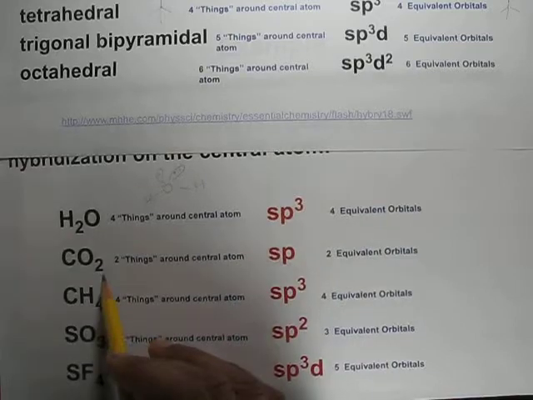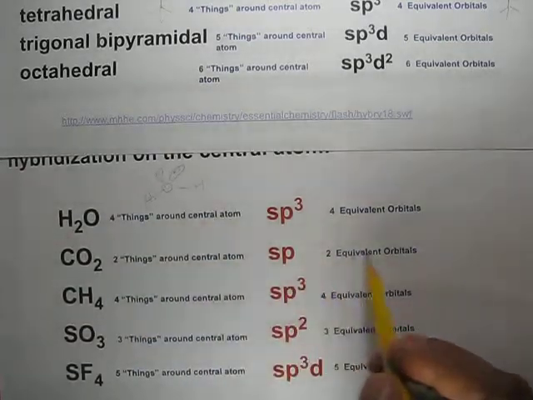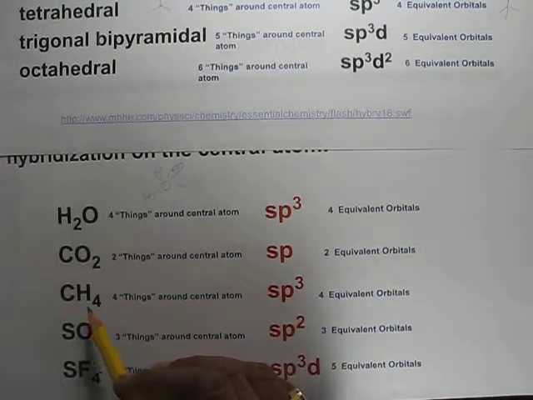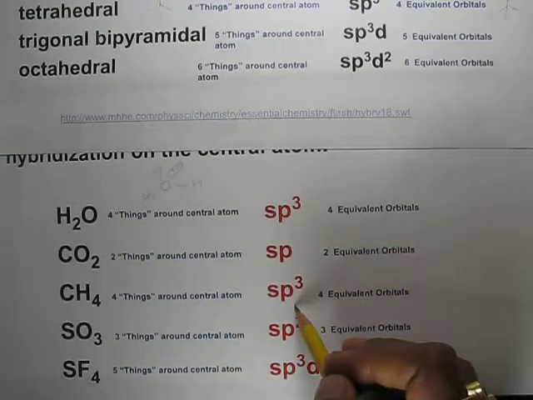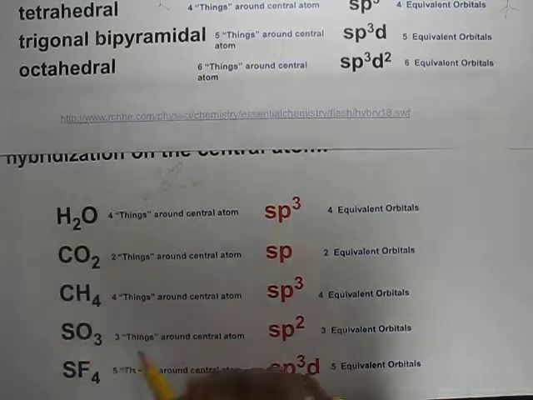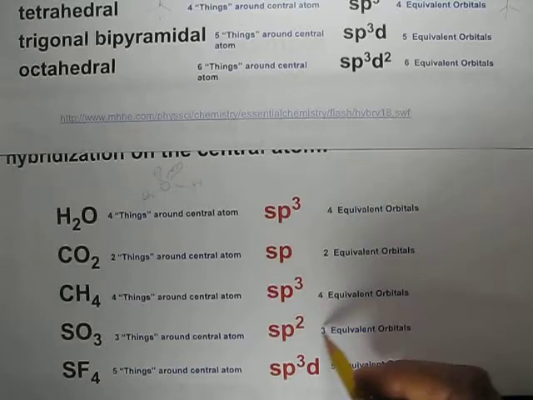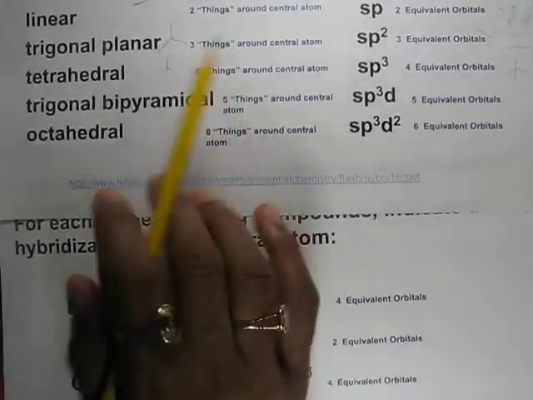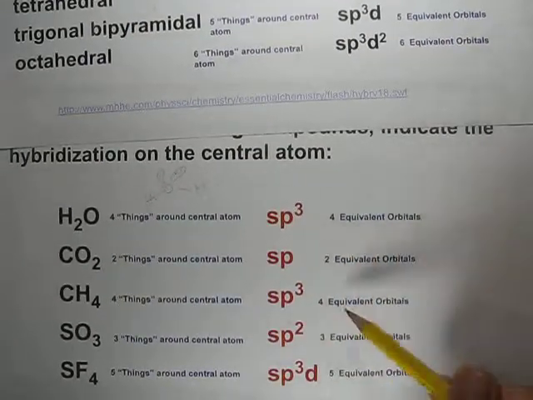In the case of CO2, this is linear with two things around the central atom, so sp hybridization. In the case of CH4, this is tetrahedral with four things around, so the hybridization will be sp3. In the case of SO3, there are three things around, which means trigonal planar, and that will have sp2 hybridization.